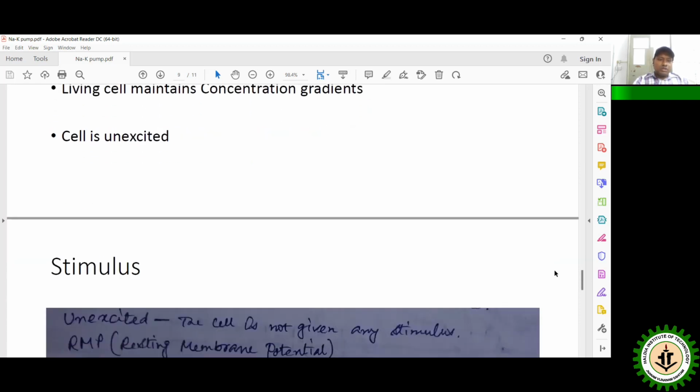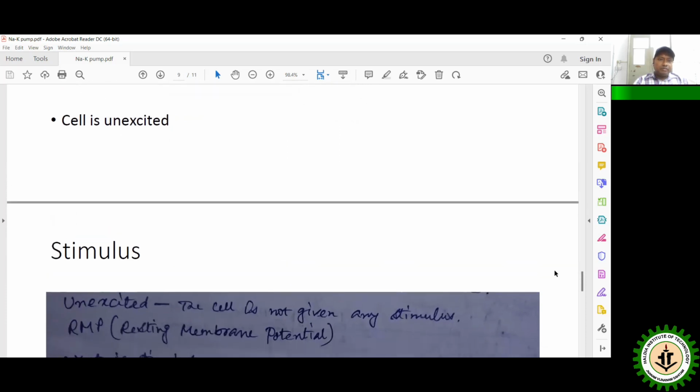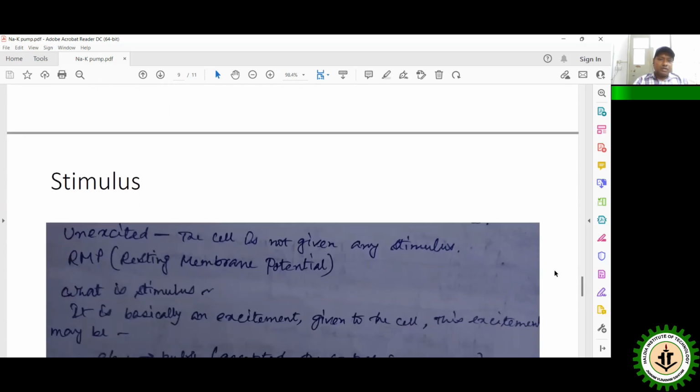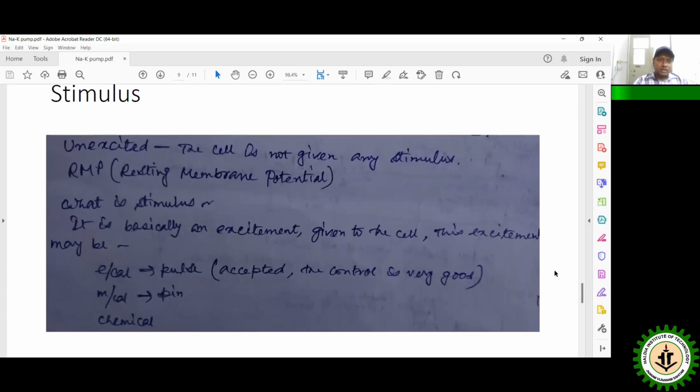Now suppose at some instant we give some excitation to the cell. How to excite the cell? We put some stimulus to the cell. A stimulus is a kind of excitation given to the cell such that the cell will not maintain its natural sodium potassium pumping.